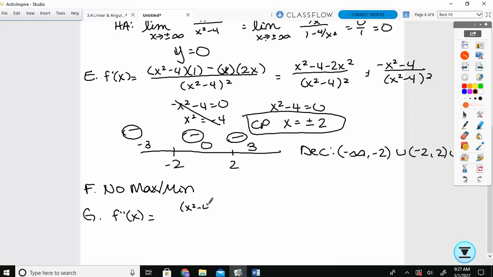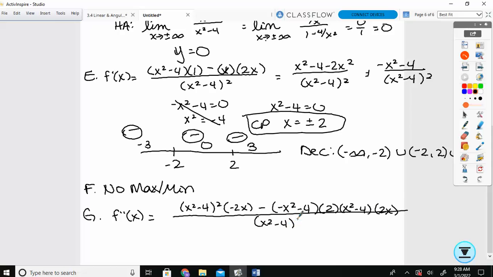So quotient rule, low, d high, derivative of the top is -2x, minus high, d low, so the 2 comes down, inside stays the same, subtract 1 from the power times derivative of the inside, over low squared.